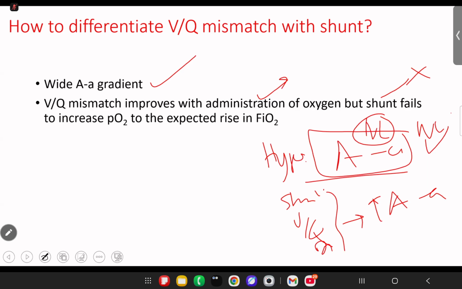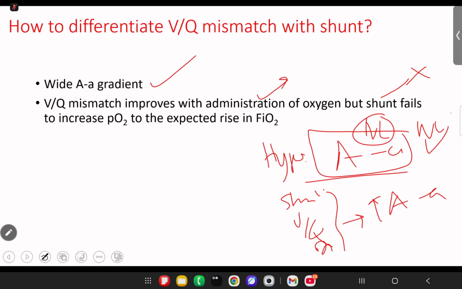So in ARDS, when you give oxygen, sometimes you can see saturation from the 70s go up to 90 or 92. But if you give 80% oxygen and have a saturation of 93%, that is not the expected rise. If you give 80% oxygen, you should have 100% saturation.